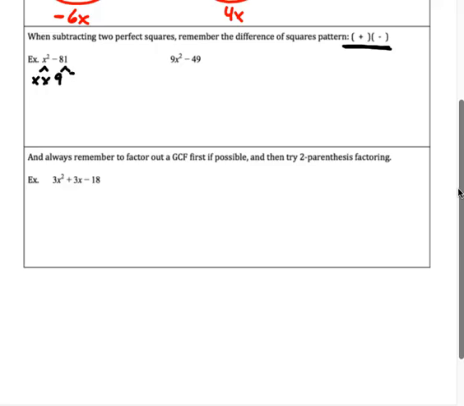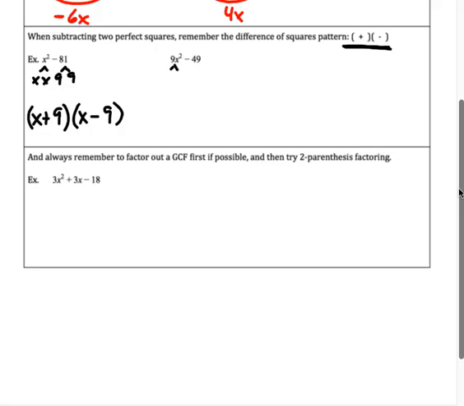This is a perfect square. It's 9 and 9. So remember, when you're subtracting two perfect squares, it gives us this opposite pattern, that plus and the minus. So we have the x's out front, 9's out back, and that's literally just how it'll factor. Remember, it's super, super easy, but unfortunately, that also makes it super easy to forget how to do.